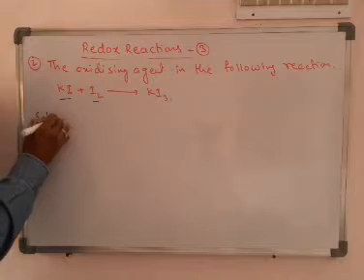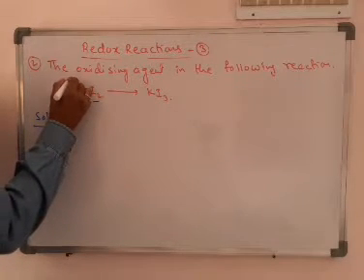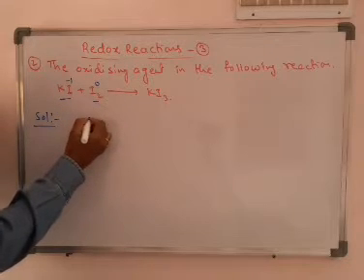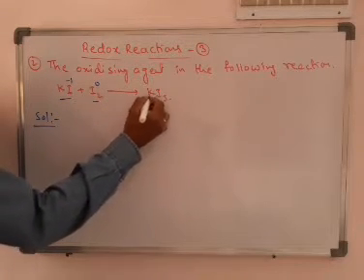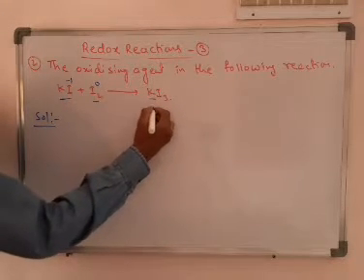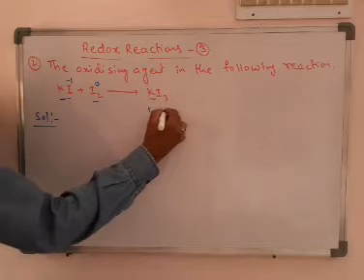By seeing these oxidation numbers, we can say here the oxidation number of iodine is -1, here the oxidation number of iodine is 0. We know that potassium is always +1 because it belongs to the group 1A elements. So for potassium there is always only one oxidation number.